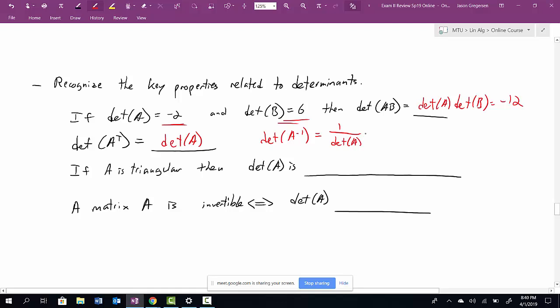Okay. What about the determinant of a triangular matrix? Let's say I want to find the determinant of this one: 1, 2, 3, 4, 0, 2, 4, 9, 0, 0, 1, 14, 0, 0, 0, negative 1. What's the determinant of that matrix?